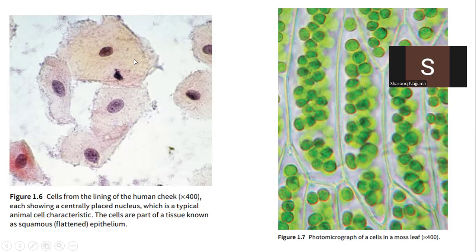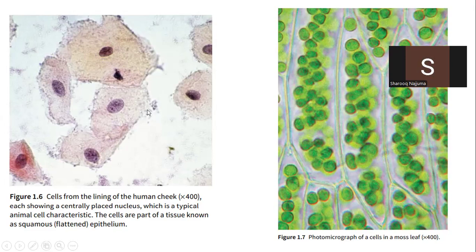So usually, special stains are used. For example, you can see this nucleus is stained, and it means that a special stain was applied to stain this nucleus. That is why it was visible through that microscope. Even the cytoplasm has also been stained. You can now see the cell membrane because it has been stained.